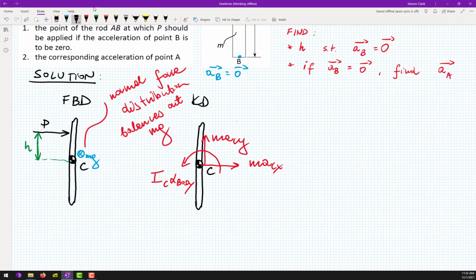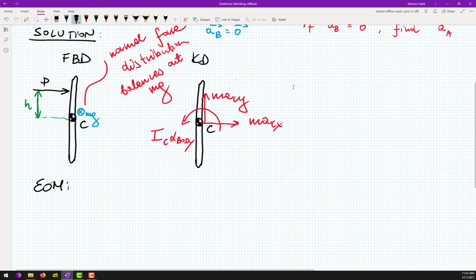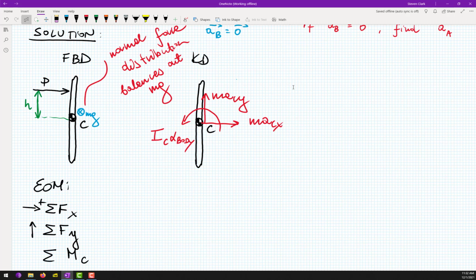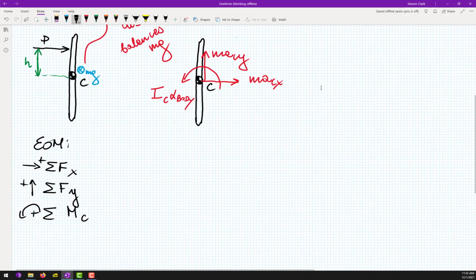Next step, EOM. So we have the sum of forces in the X direction, the sum of forces in the Y direction, and the sum of moments rotating about point C. So what do we have along the X direction?